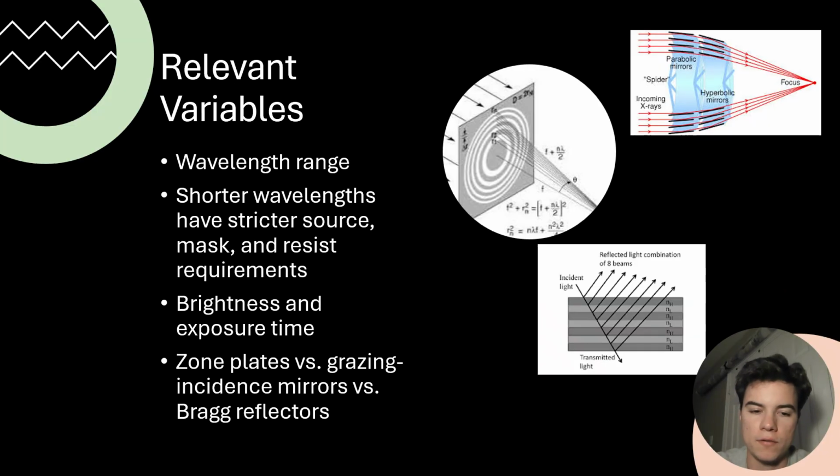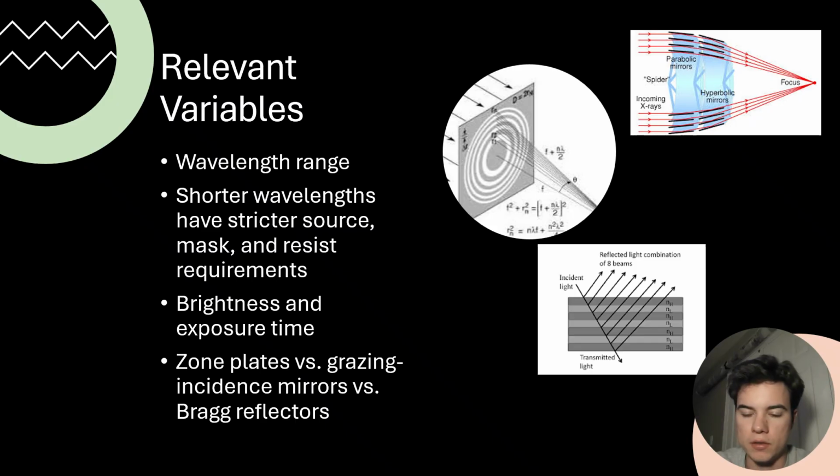Next, I will discuss relevant variables to someone who might be in industry, such as a process engineer working on their X-ray lithography system. So, of course, wavelength range is something that can be tuned and tweaked.